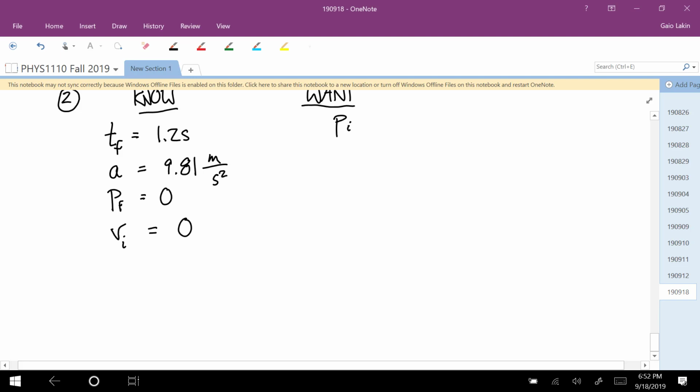The second equation says P final, we're okay with that, is equal to P initial, that's what we're trying to find, plus V initial times time final, we know both of those, plus 1/2 A T final squared, and we know all that. So this is the one we're going to use: P final is equal to P initial plus V initial times time final plus 1/2 A T final squared.